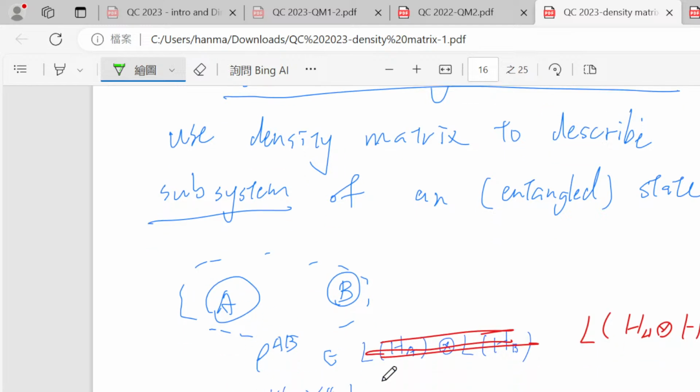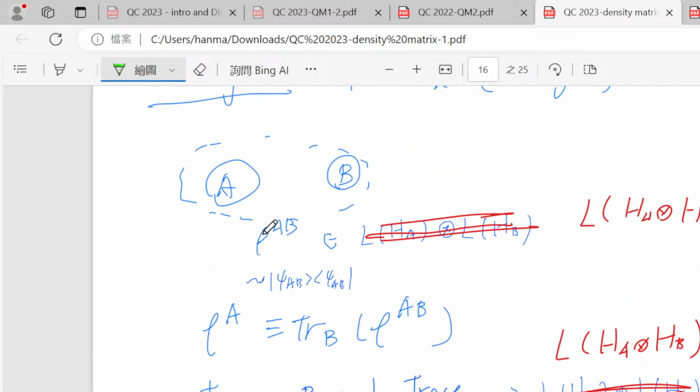And when we define partial trace, rho AB can be pure or can be mixed.